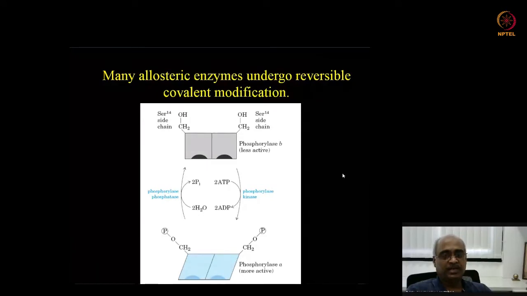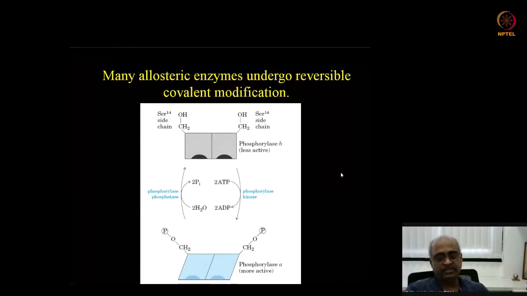Many of these allosteric enzymes, in addition to the binding of the molecules, the molecule that binds need not always be the substrate. Only in the case of hemoglobin is it the substrate itself. In other situations, as I told you, the end product of the pathway might regulate the upstream enzyme.